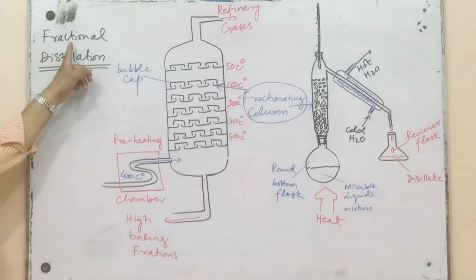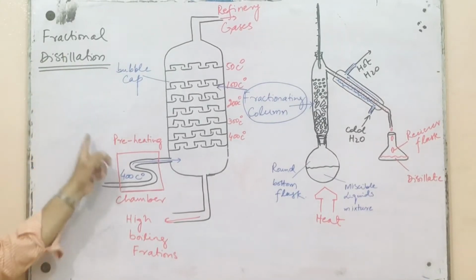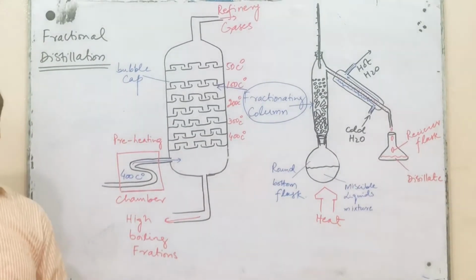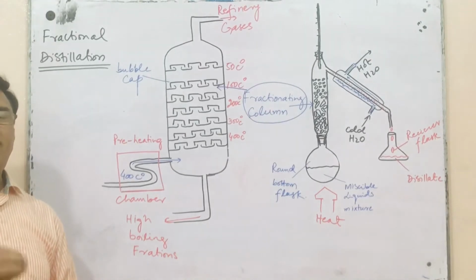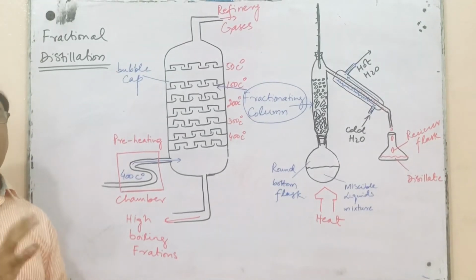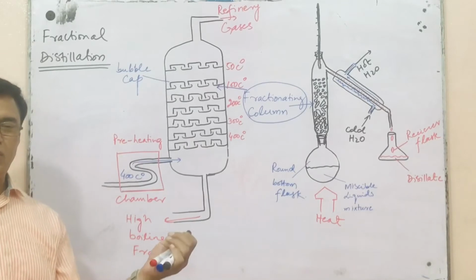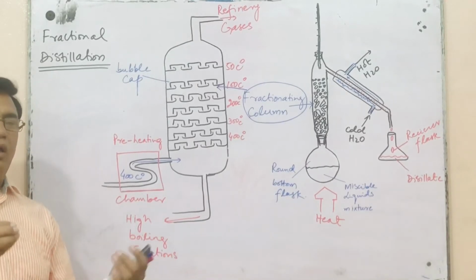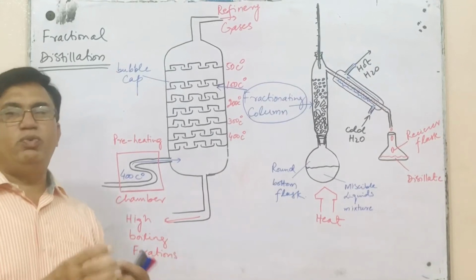But in case of fractional distillation, this distillation is used for the separation of miscible liquid components. Miscible liquid components are those liquid components which are mixed with one another.